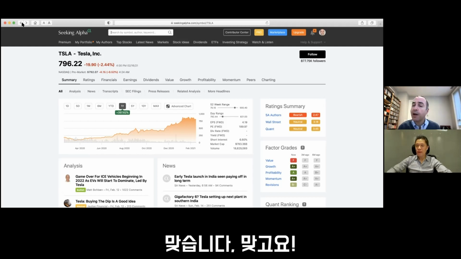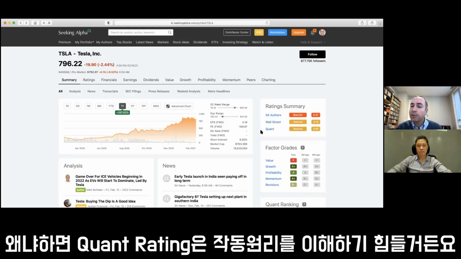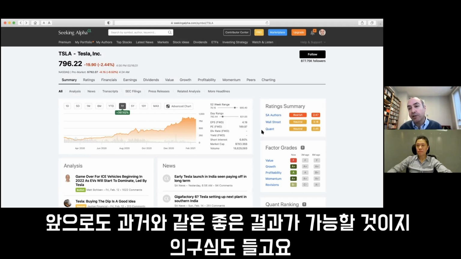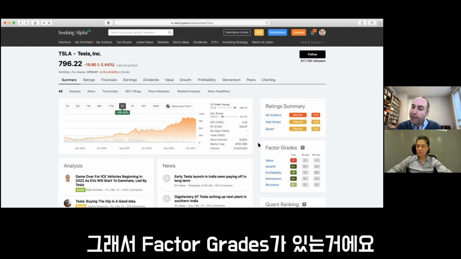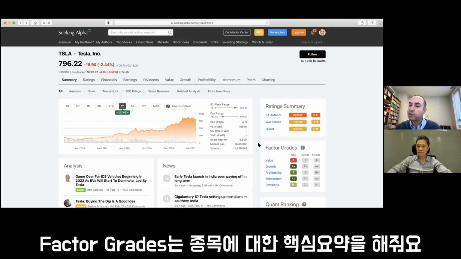Yes. And that's why we separate out the factor grades from the rating summary. Because the thing about quant ratings generally is that they are a kind of black box, where you can say, well, should I believe this or not? Do I think they'll continue this amazing performance or not? But the factor grades, irrespective of your confidence in a particular system, just summarize the stock for you.